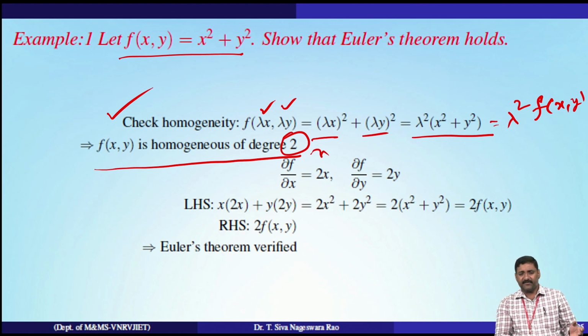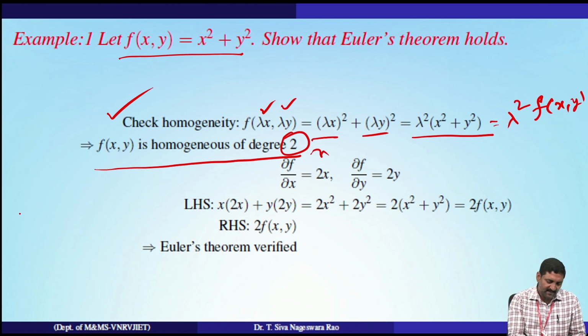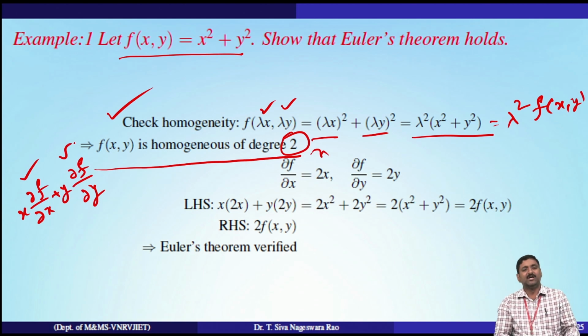Now, for verification, we need to show LHS is equal to RHS. What is LHS? x multiplied with dou f by dou x plus y multiplied with dou f by dou y. So we need to find the first order partial derivatives of f with respect to x comma y. First we calculate dou f by dou x, that is 2x. Anyway, y is constant, its derivative is 0.